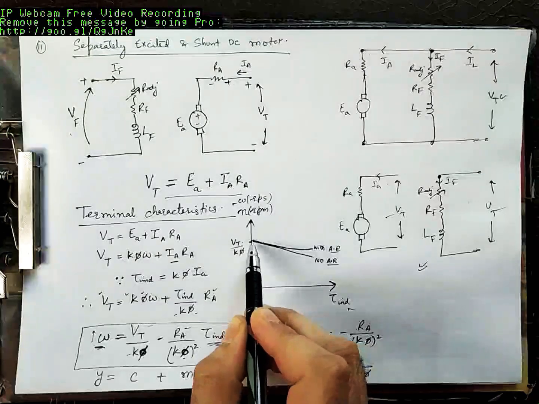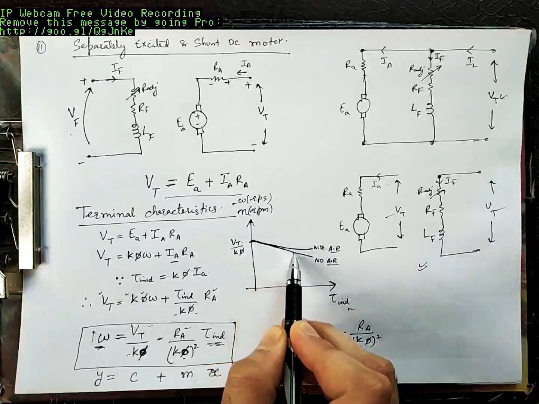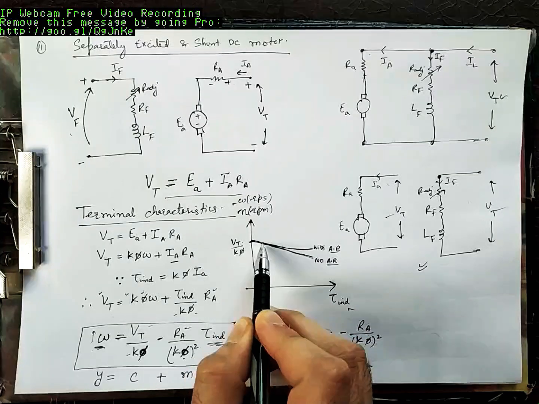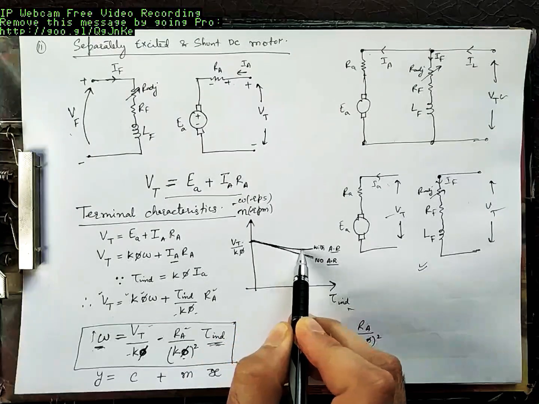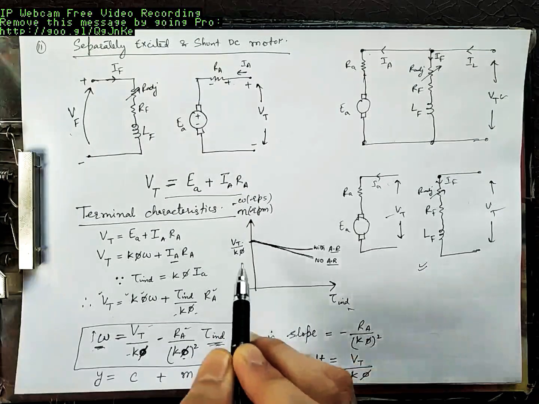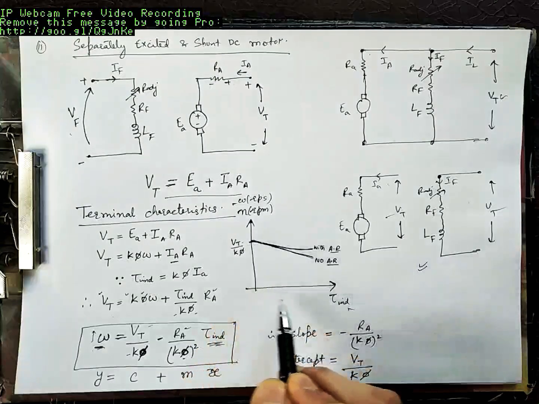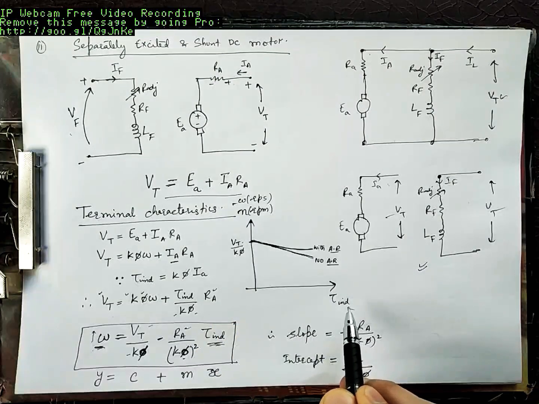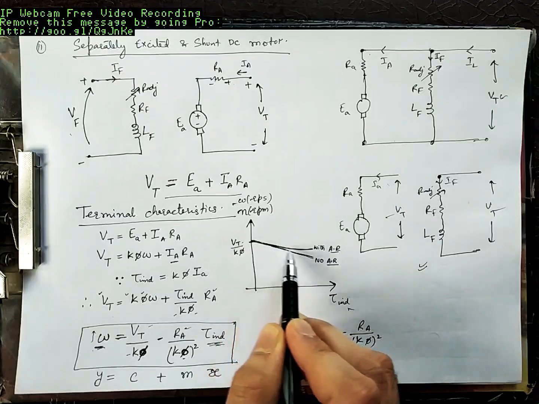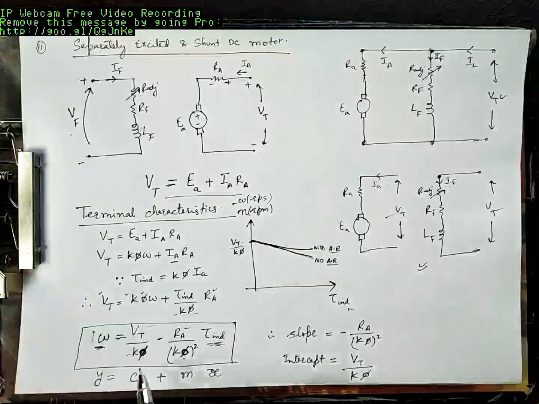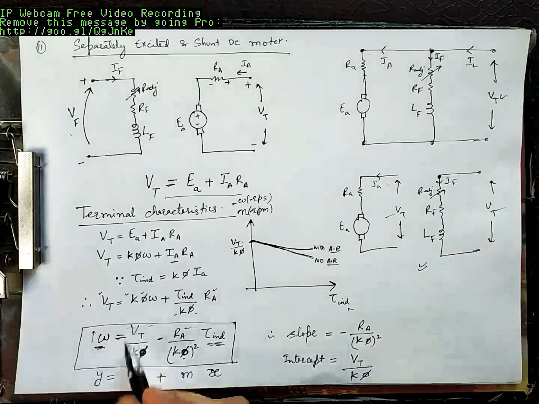So the curve will not be a linear one going down, but a non-linear one. That means though speed does decrease with increase in induced torque, the decrease is less with the armature reaction, because this flux is decreasing, and when flux is decreasing, this term increases.